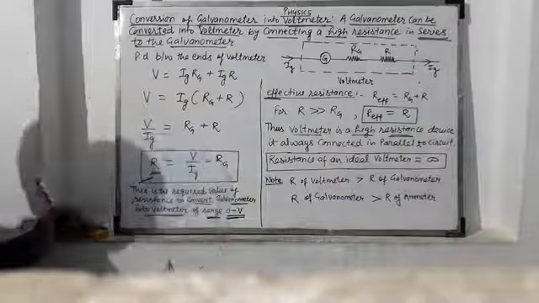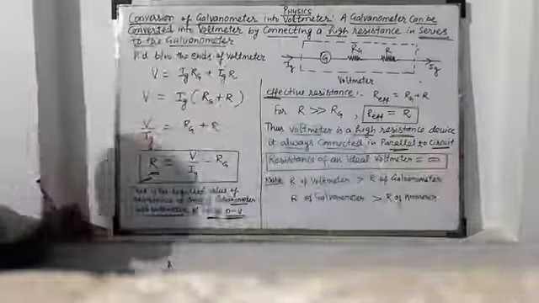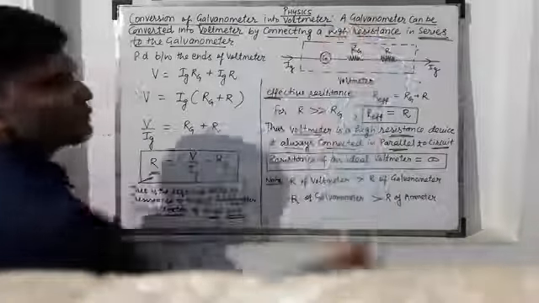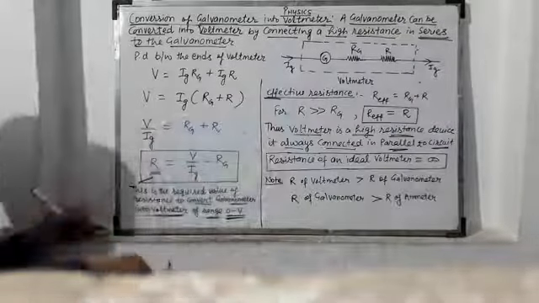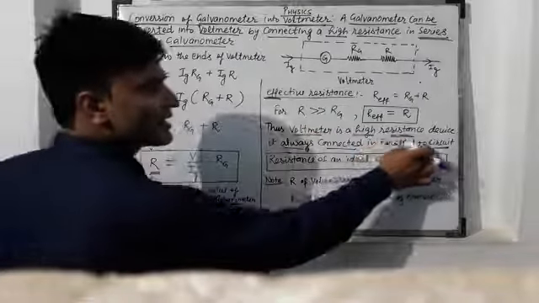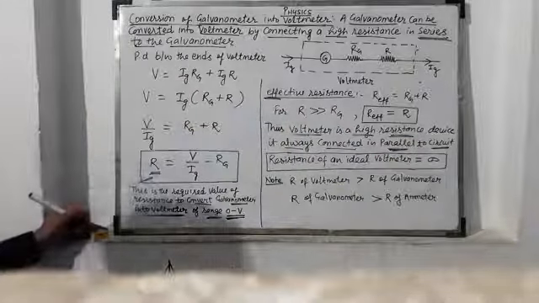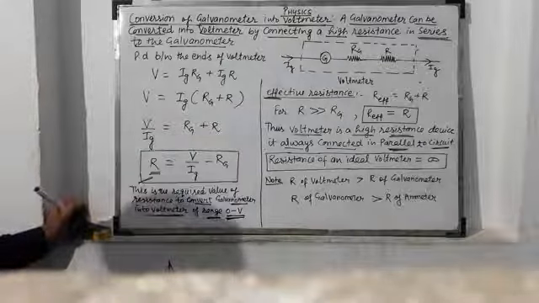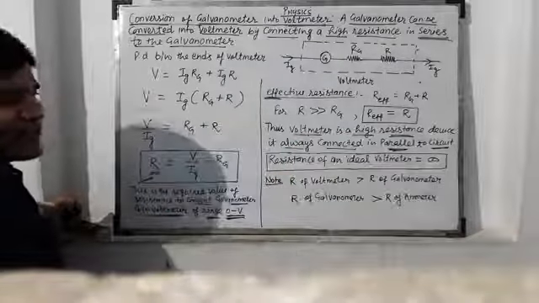It is always connected in parallel to the circuit. When we convert a galvanometer into a voltmeter, we connect the resistance in series, but the voltmeter, remember this, is connected in parallel to the circuit because it is a high resistance device and it can affect the current flowing through the circuit.